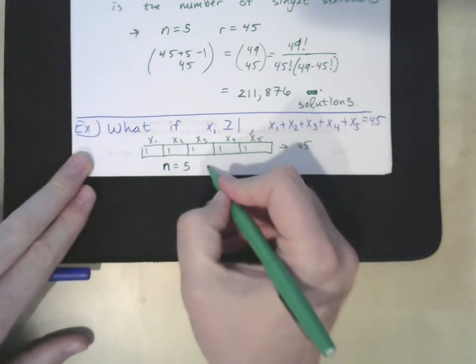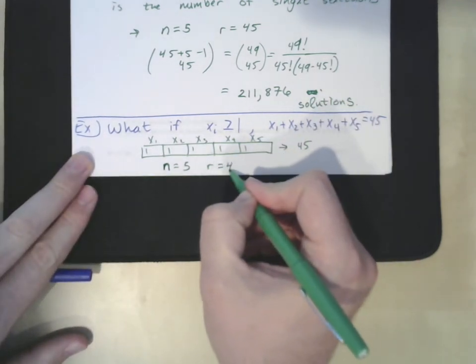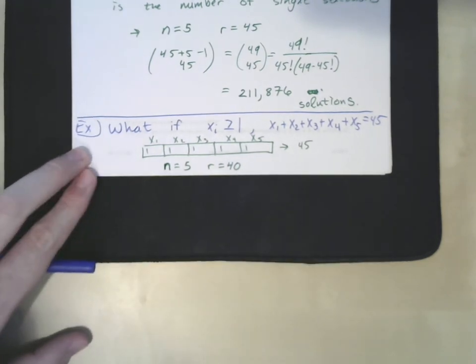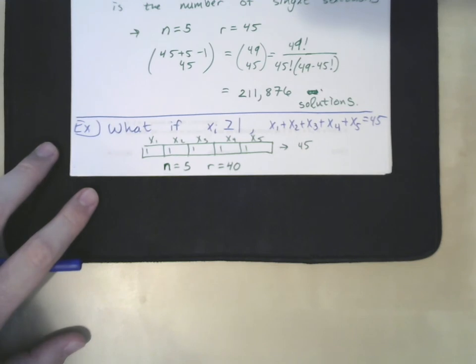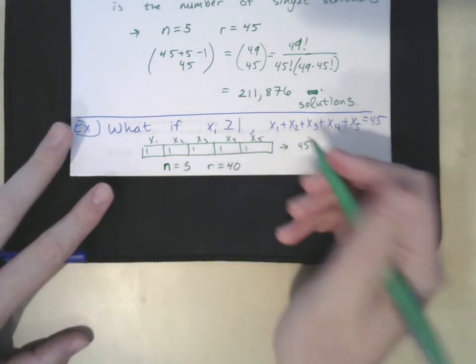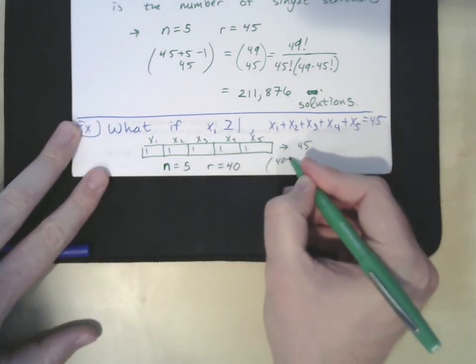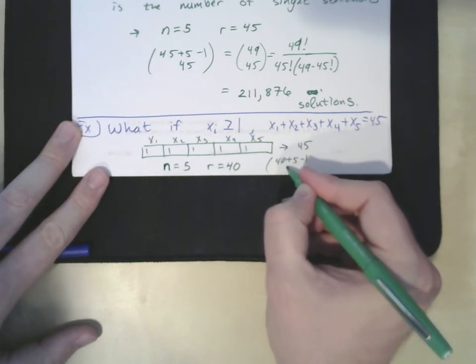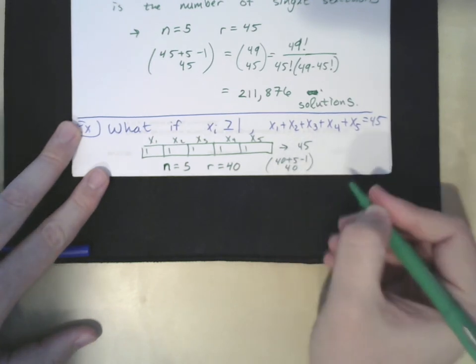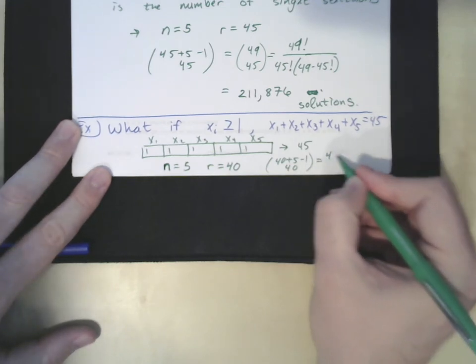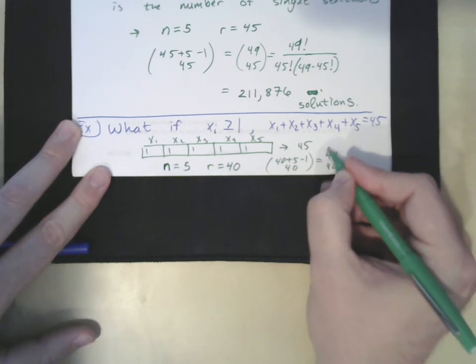So we don't have 45 choices to make, we only have 40 choices to make. So this would be 40 plus 5 minus 1 choose 40, or 44 choose 40.